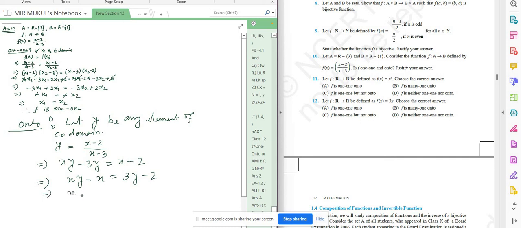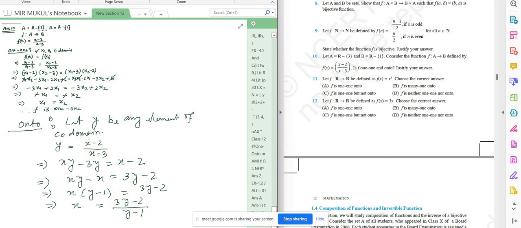Take x common: x(y minus 1) equals 3y minus 2. So x equals (3y minus 2) upon (y minus 1). We know that y should not be 1.